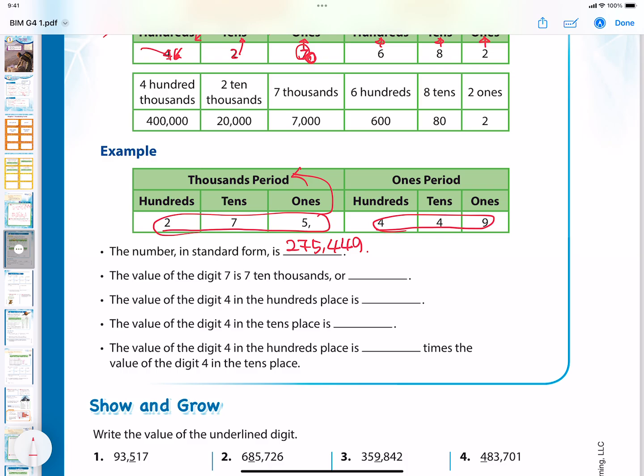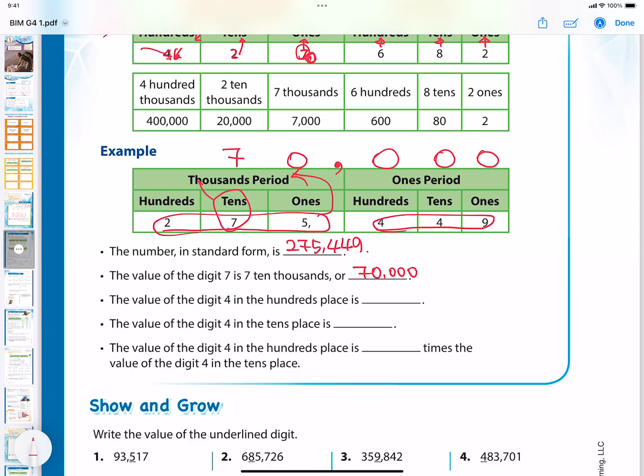And the value of the digit 7 is 7 ten thousands, or 70,000. The easiest way is to see this 7, right? You have 7 in here, and how many digits are behind the 7? 1, 2, 3, 4. Makes sense? And every three digits you have to put commas. Remember. So 70,000.